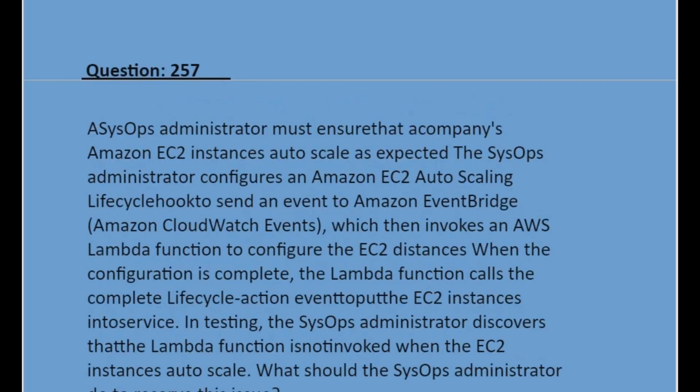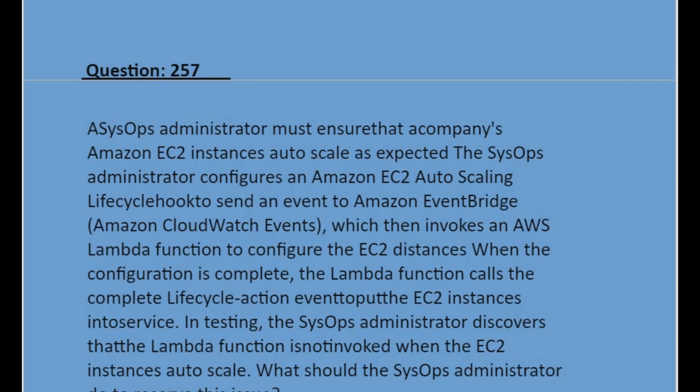Question is, a SysOps administrator must ensure that the company's Amazon EC2 instances auto-scale as expected. The SysOps administrator configures an Amazon EC2 auto-scaling lifecycle hook to send an event to Amazon EventBridge (Amazon CloudWatch Events), which then invokes an AWS Lambda function to configure the EC2 instances.